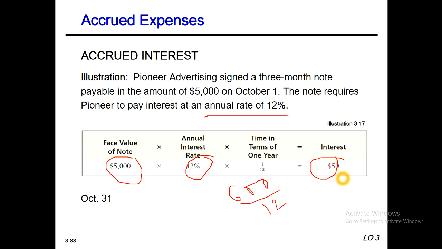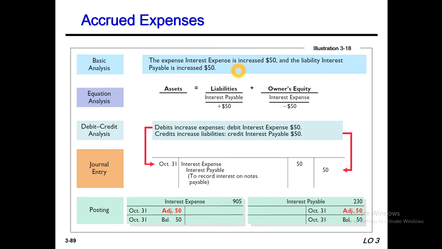So for this transaction, interest expense will be debit and interest payable will be credit. Okay, and this is the transaction analysis. Interest expense increased and interest payable increased; in the equation, liability, interest payable, increased and owner's equity, interest expense, decreased. And the debit credit analysis means interest expense debit and interest payable credit.